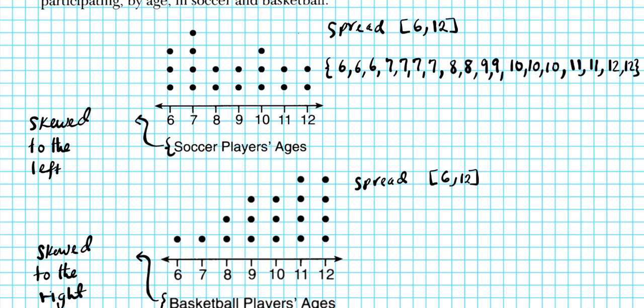So let's figure out what the median is. We count the number of numbers and locate the midpoint, and that will be the median. So we have 1, 2, 3, 4, 5, 6, 7, 8, 9, 10, 11, 12, 13, 14, 15, 16, 17, 18. We have an even number of data points here, so we will have to do some averaging.